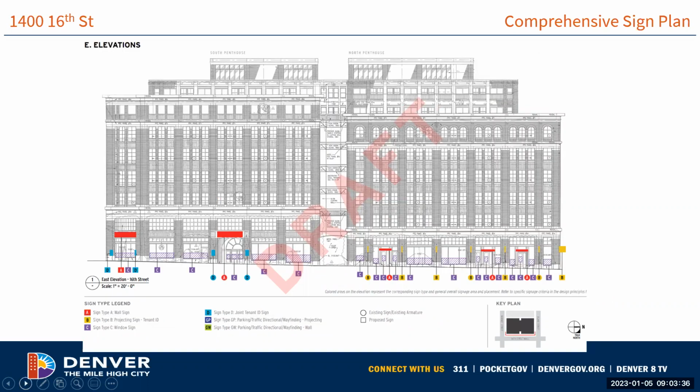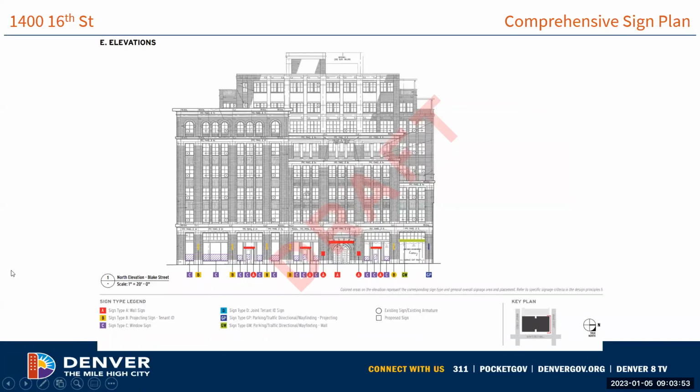So this is the 16th Street elevation, which has a variety of sign types proposed at the street level, including wall, projecting, window, and joint tenant ID signs near main entrances. Here is the Lake Street elevation, which also has additional locations for wall, projecting, window, and project wayfinding.